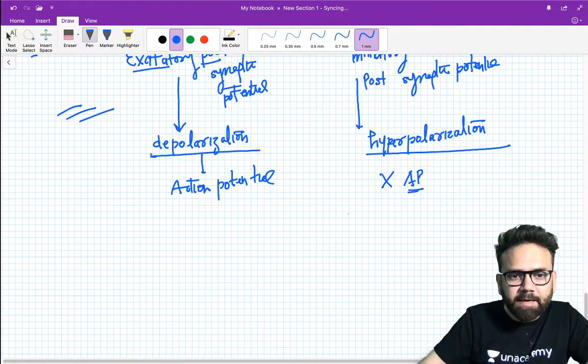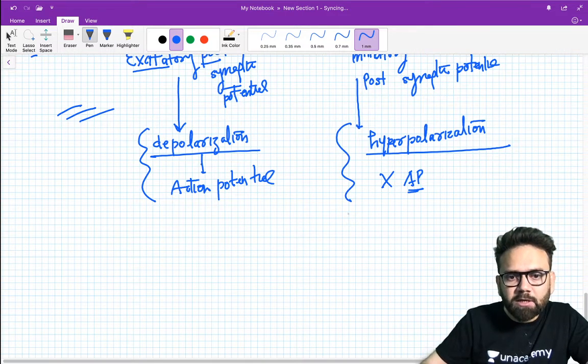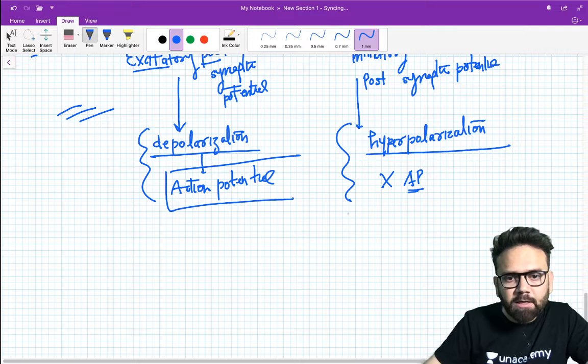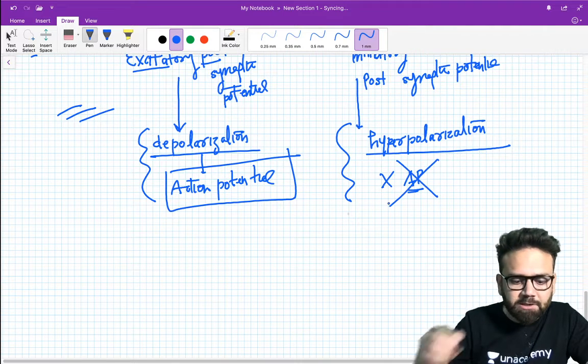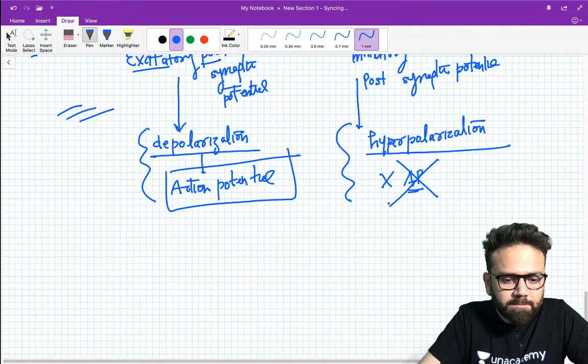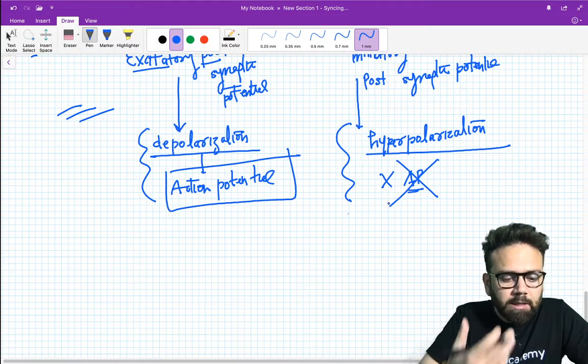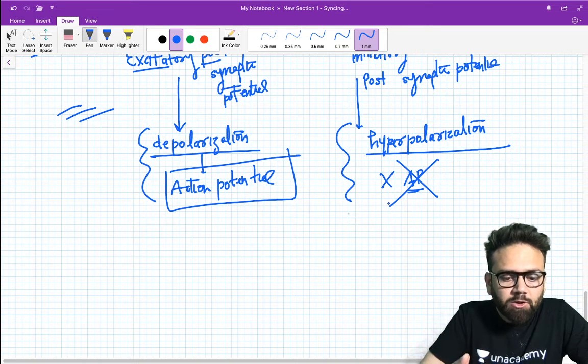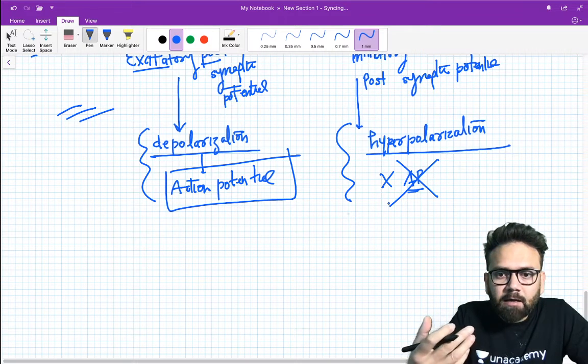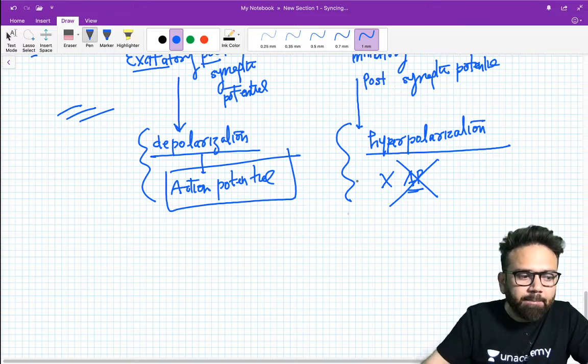So EPSP can cause depolarization, IPSP can cause hyperpolarization. Remember that. If you are summating to cause depolarization, it is called EPSP, and if you summate together to cause hyperpolarization, it is IPSP.